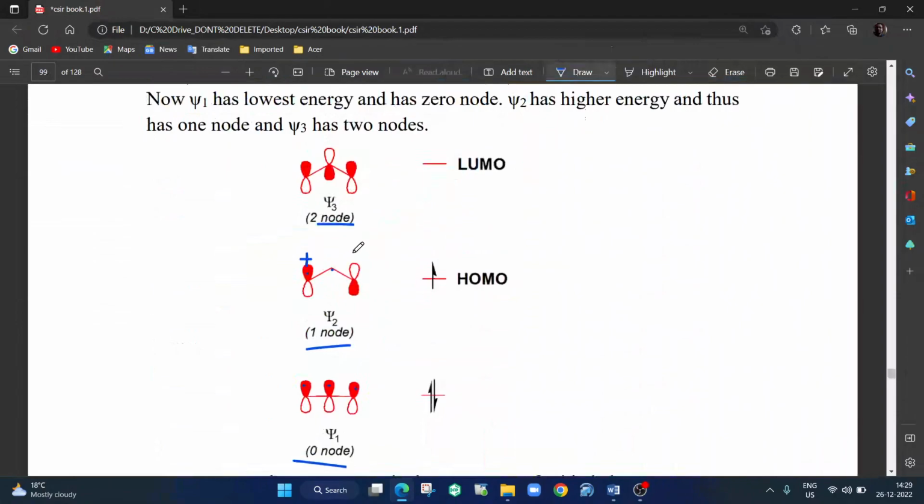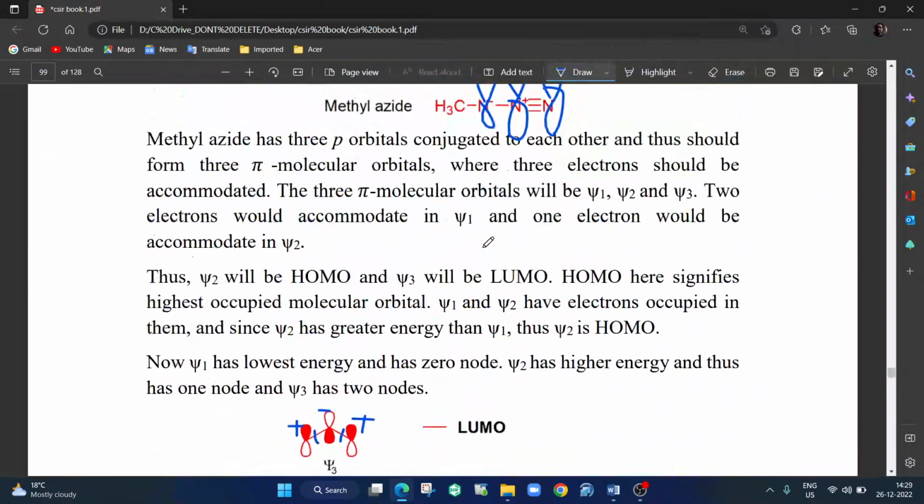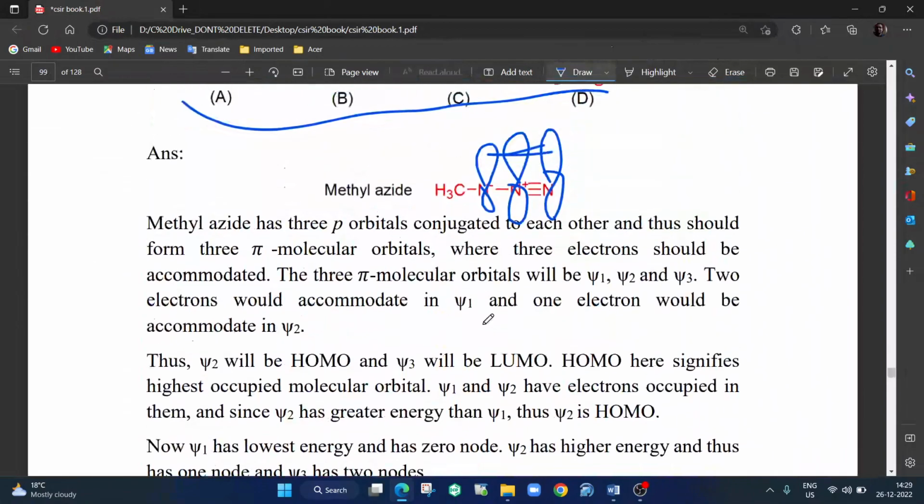So this is minus and this is minus and this is plus. And 2 nodes means this, you can see here plus is there, minus is there, plus, minus, and beside it again plus. Because the sign changes, you are having 2 nodes here. Now how many electrons are there? 3 p orbitals are there, 3 electrons are there.